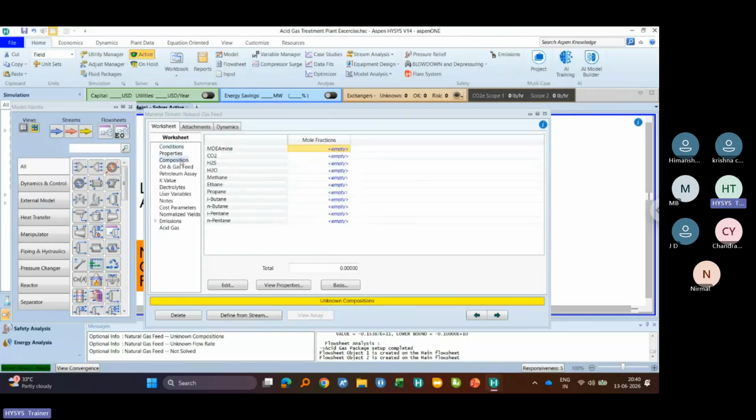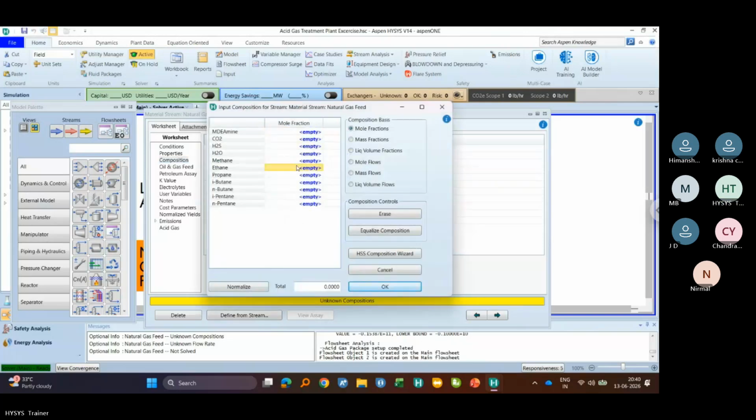And the composition for this stream is CO2 at 0.05 mole fraction, H2S at 0.025 mole fraction, then methane at 0.825 and ethane at 0.1 mole fraction.